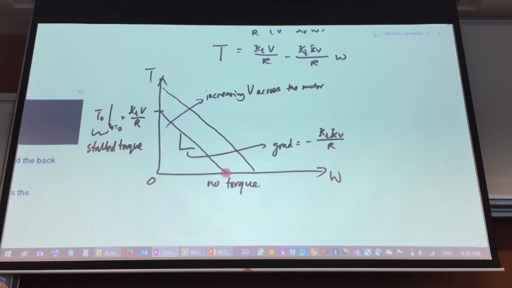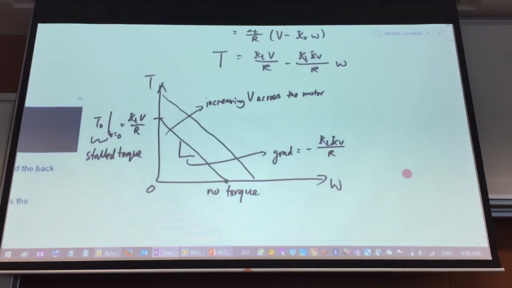You have a lot of angular velocity, but actually no torque. That's where you hear a lot that if you want torque, you have to sacrifice your velocity. Or if you want very high speed, that high speed couldn't give you a lot of torque. So this is the line that describes that.